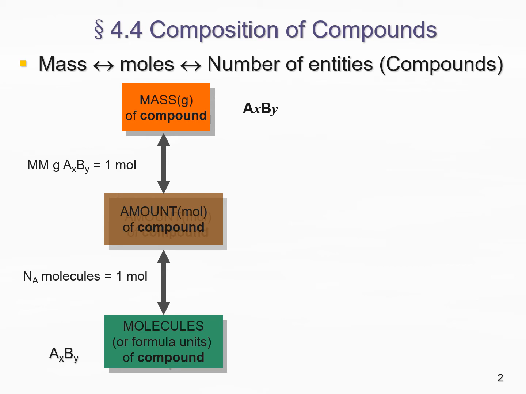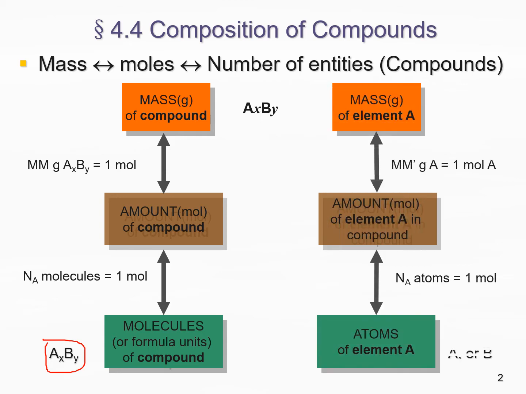All of this refers to the compound. So we use the compound as the entity to establish this mass, moles, number conversion. For the same reason, we can establish the mass, moles, number with regard to their constituent elements like A or B.